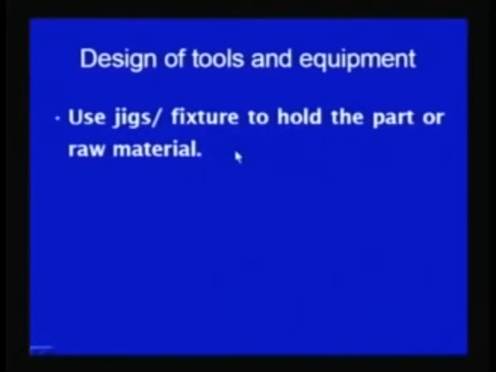The role of fixtures is mainly to hold the workpiece, while jigs in addition to holding the workpiece also guide the tool to the position where it is required. So, use of jigs and fixtures will not only reduce the effort required by the operator for a given job, but will also save a lot of time.